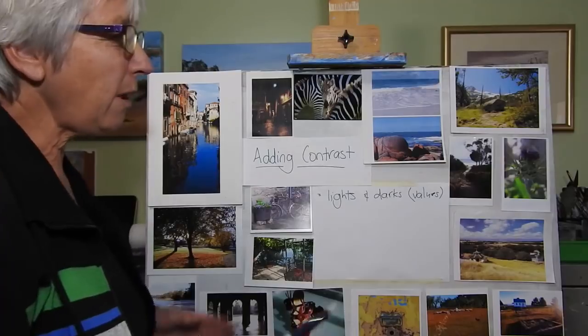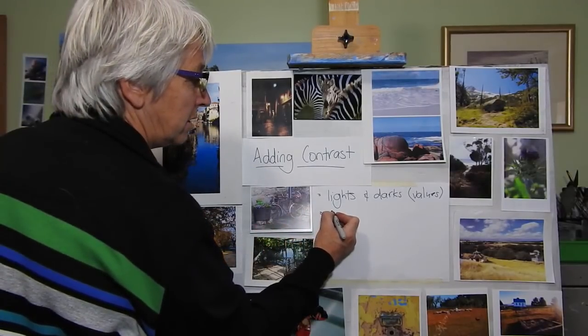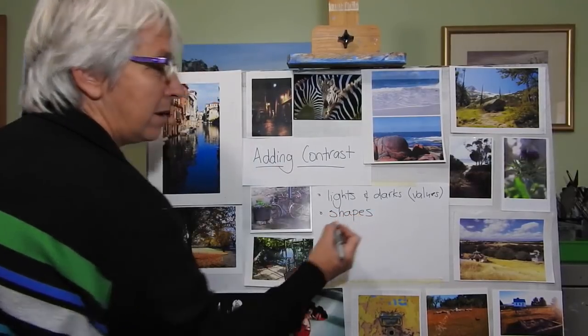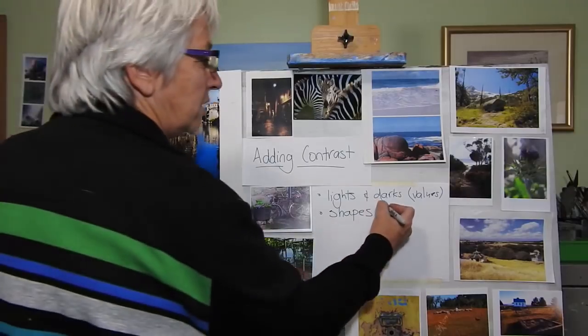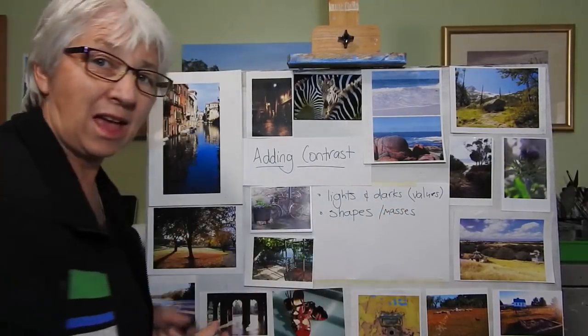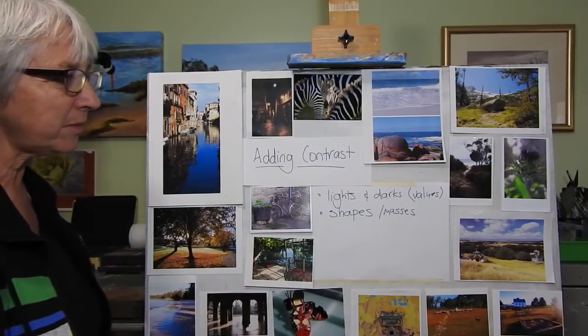So we're getting a lot of contrast there from the shapes, the shapes or the masses within our painting. So already we've got two different ways of adding contrast.